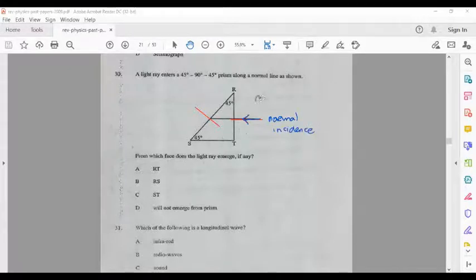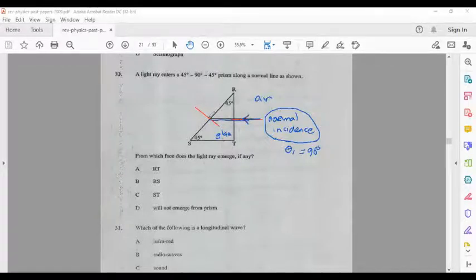The ray is moving from air to glass, and so we would expect it to bend, right? We would expect to get refraction because we're having a change in medium. But when the angle of incidence is equal to 90 degrees, in other words, it lies on the normal, then we have no deviation, no refraction. It just goes straight in, okay?